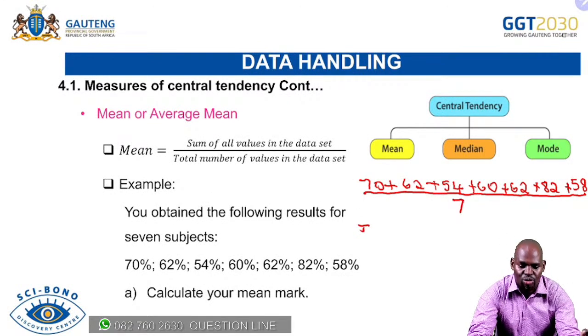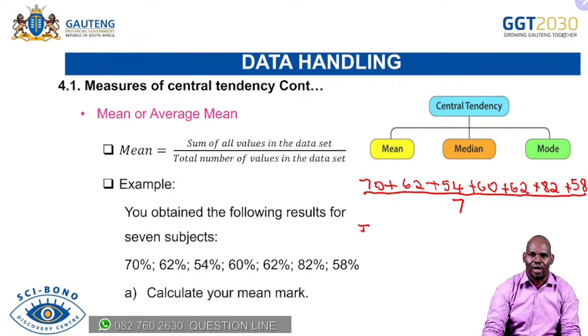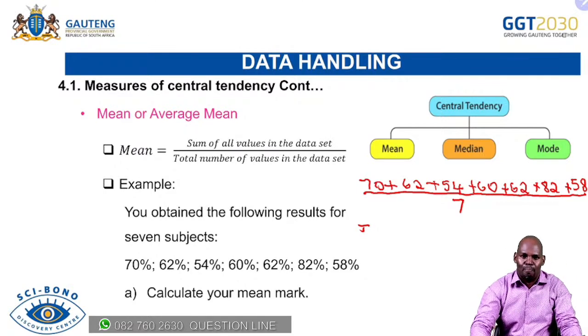Okay, then you take your calculator. Very important, boys and girls, that you need to indicate each and every step. In Mathlit, we do encourage that learners must show all the steps.